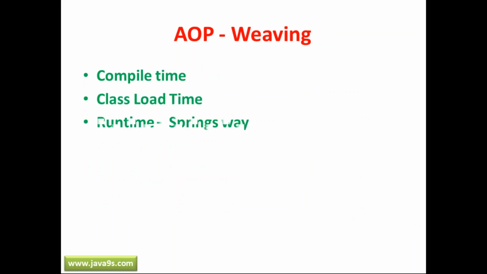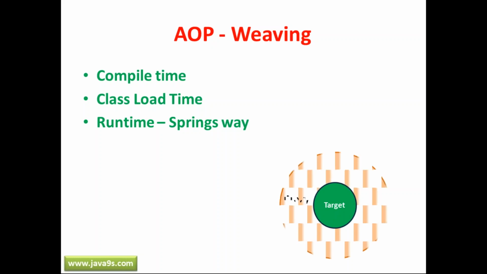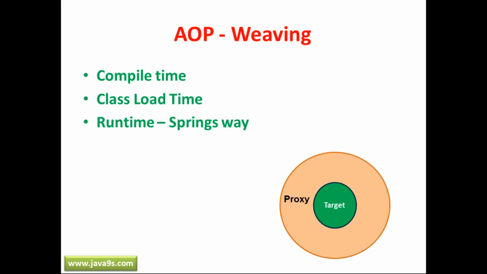So what is AOP weaving? We have seen the benefit of this. The AOP weaving will be done during the compilation itself. Okay, if AOP has been configured, it will set up a proxy around your actual target class. It will set up a layer that is called a proxy. Whenever the caller is trying to call your target class, it will not directly call the class, it will go via a proxy.